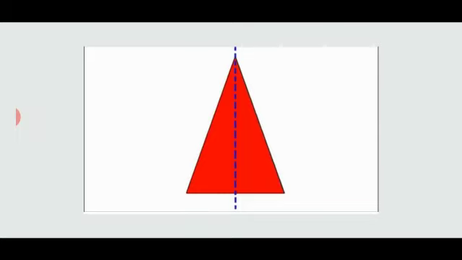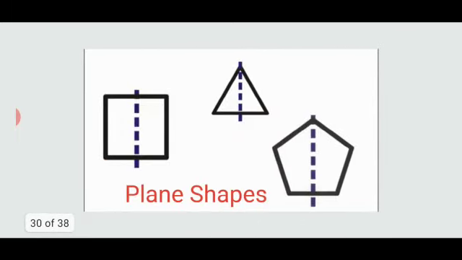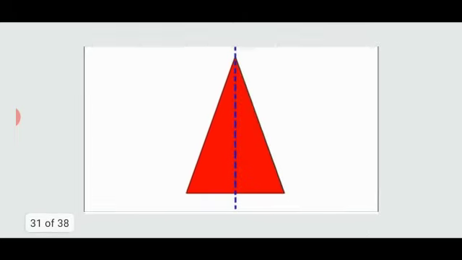Some shapes have only one line of symmetry, some have two, and some have even more. See this triangle, it has only one line of symmetry. If we divide it any other way, the pieces will not match each other.